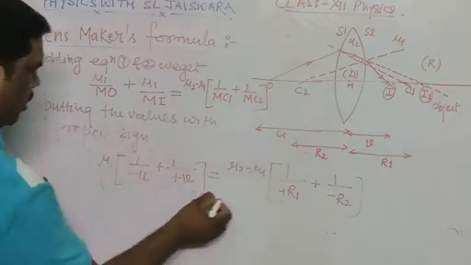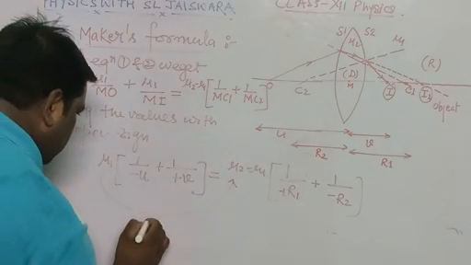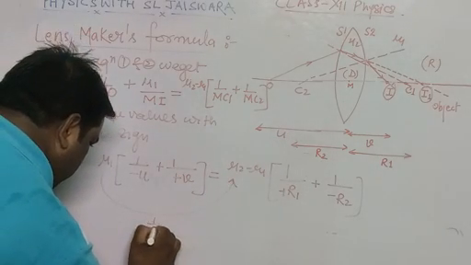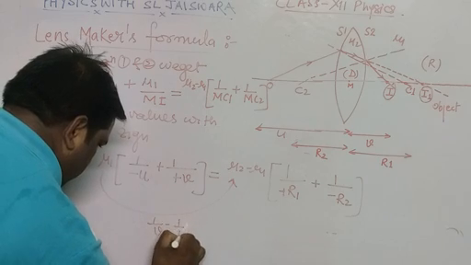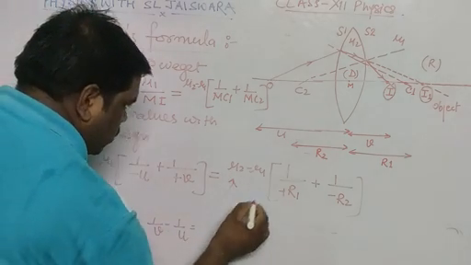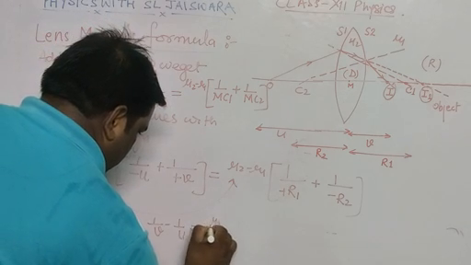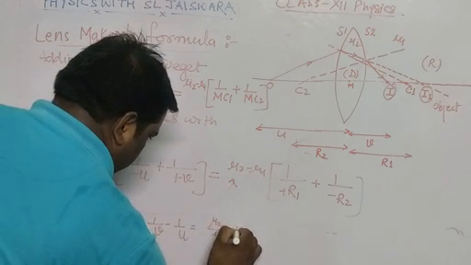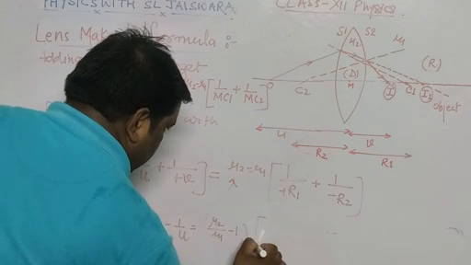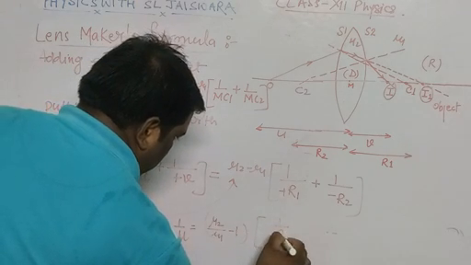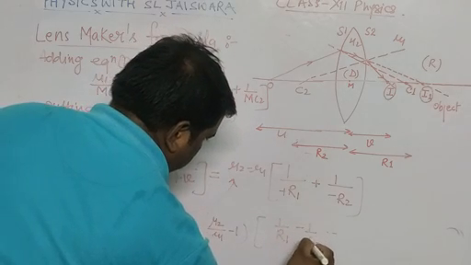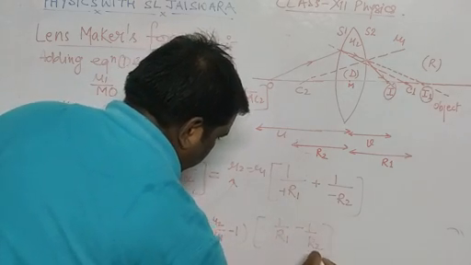So this mu1 can be divided to this. Finally we will get 1 upon v minus 1 upon u is equal to mu2 upon mu1 minus 1, and here 1 upon r1 minus 1 upon r2.